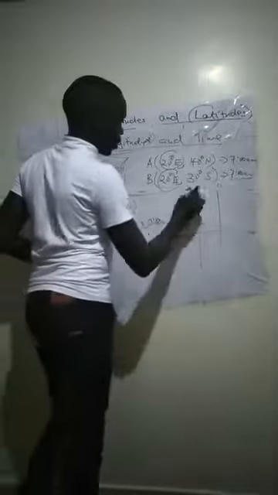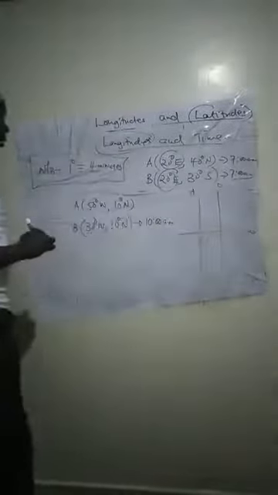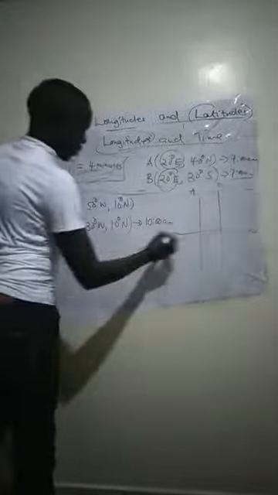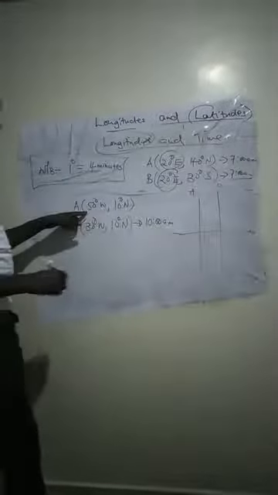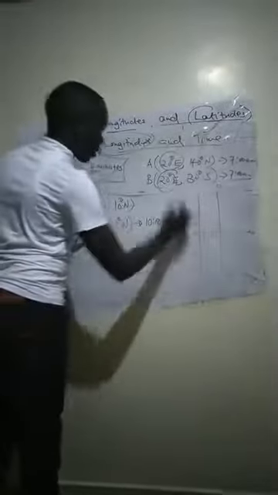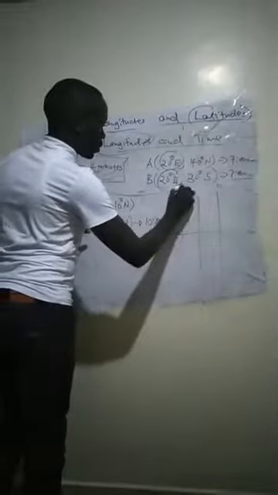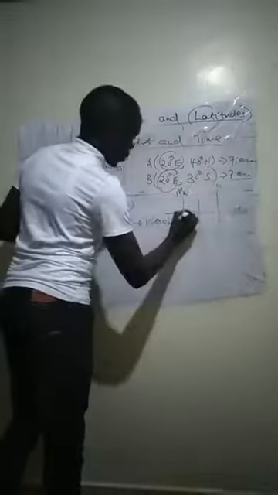So I have the first town A, 50 degrees west, 10 degrees north. So that town is here.